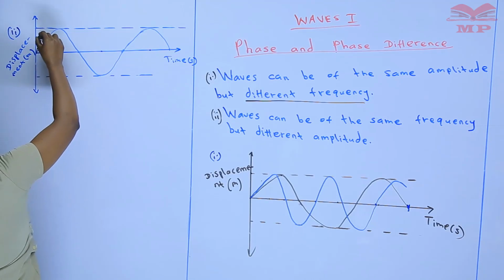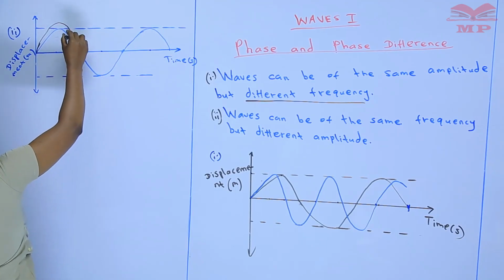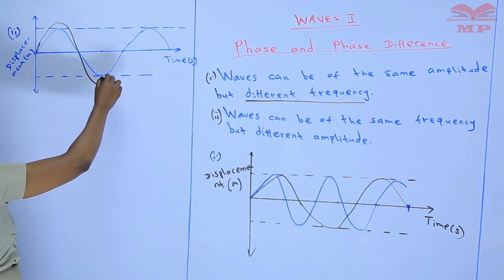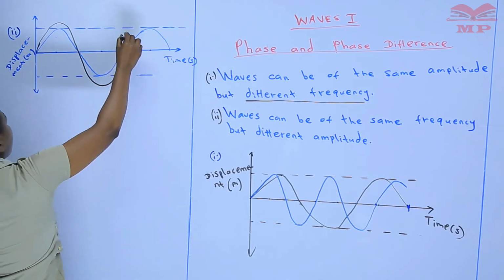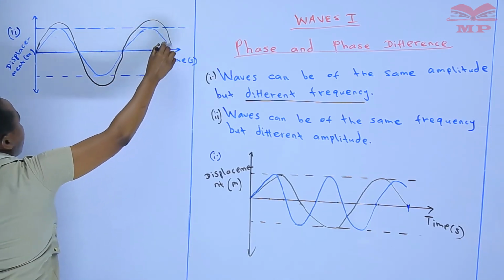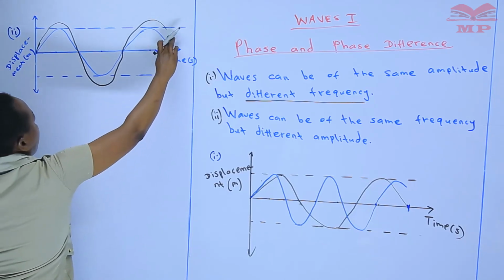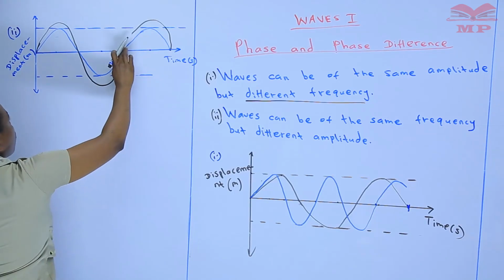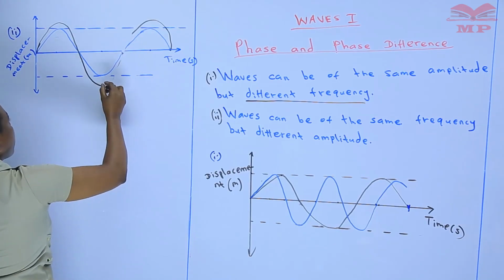So we are going to have it as follows. So we have the amplitude. We can make it more. Like in my case here, I'm making the amplitude more, but the frequency should remain the same. So that's how my wave is going to look like. This should be a smooth one.